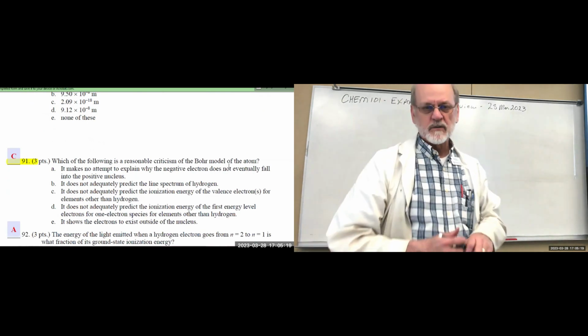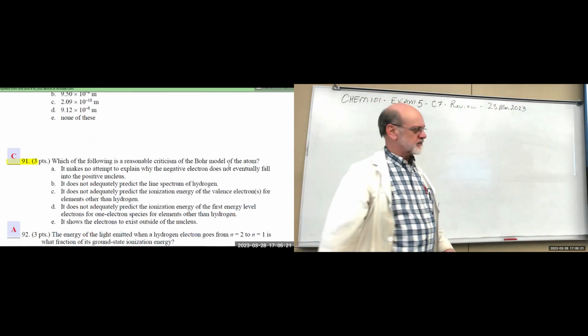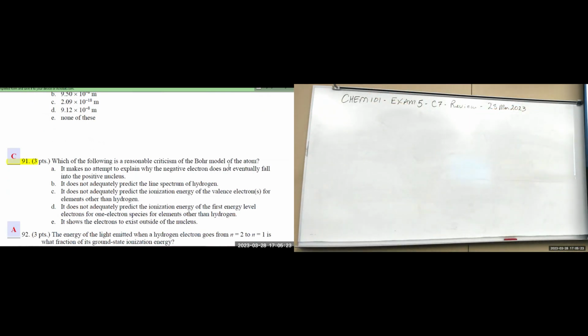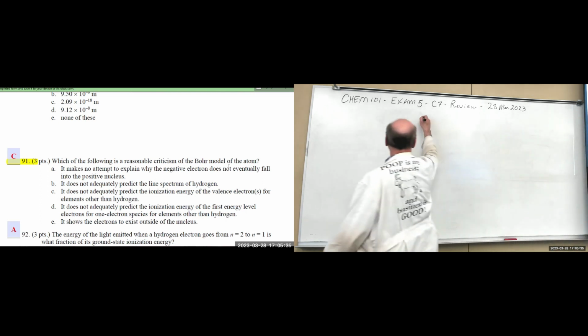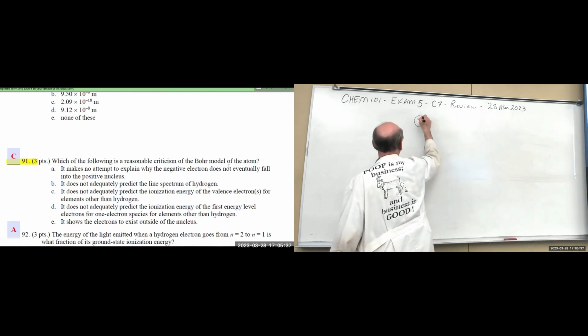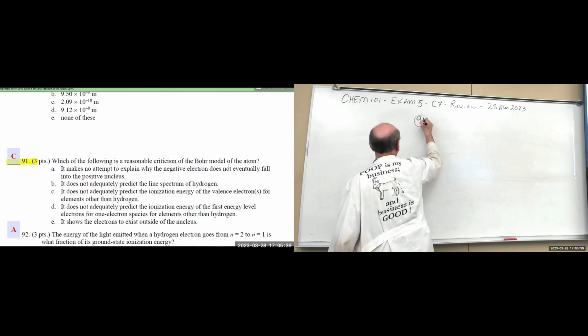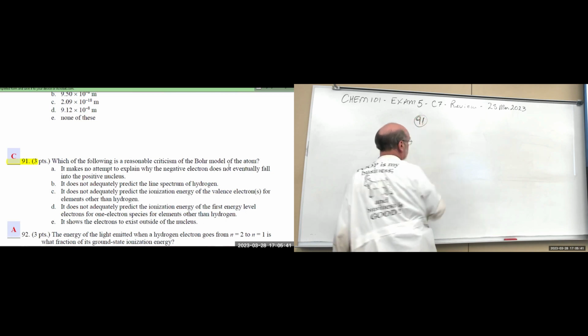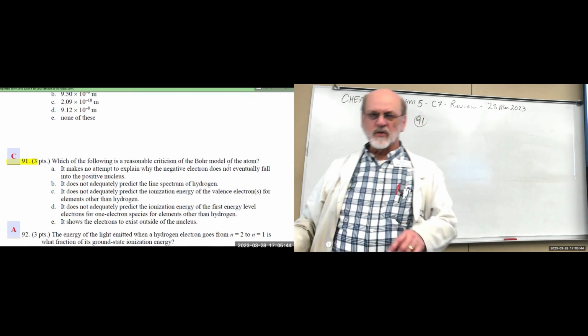91. Which of the following is a reasonable criticism of Bohr model of the atom? Reasonable criticism of the Bohr model.